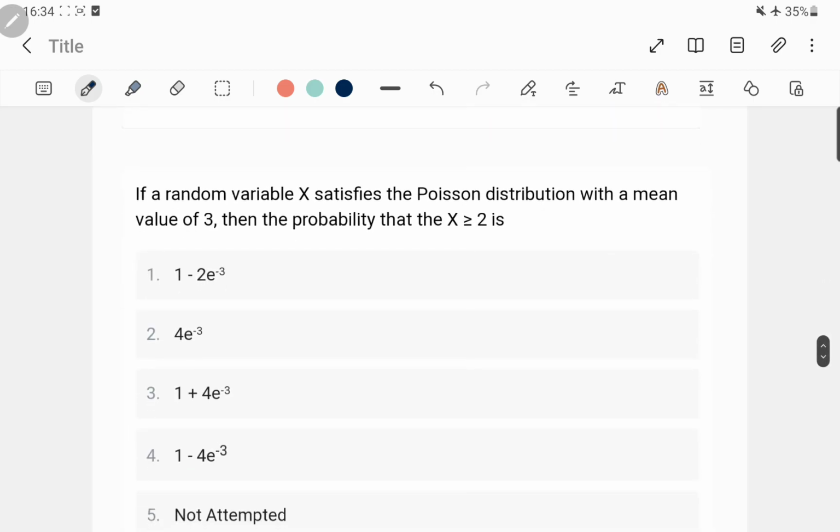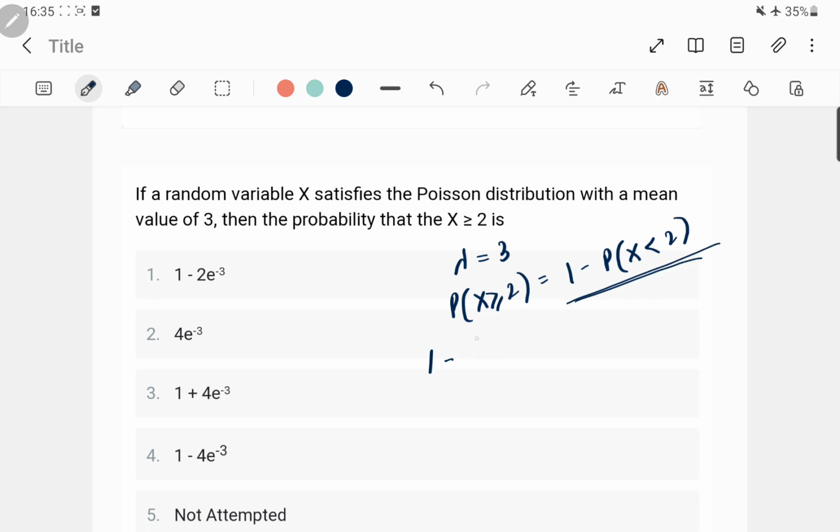If a random variable x satisfies Poisson distribution with a mean value of 3, we know that mean is equal to lambda and here it is 3. We need to find the probability that x is greater than 2. This we have already discussed before, that the probability that x will be greater than or equal to 2 is equal to 1 minus the probability that x will be less than 2. If we expand this, we have 1 minus probability x is equal to 0 plus probability x is equal to 1.